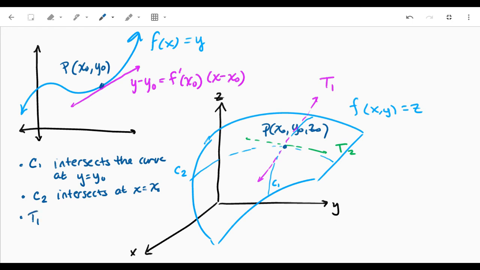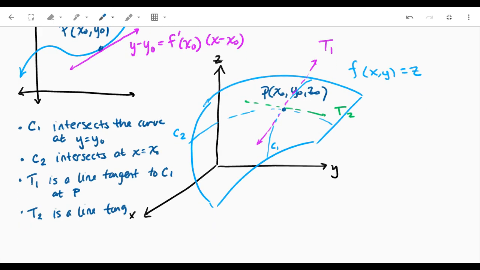T1 is a line tangent to C1 at P, and T2 is a line tangent to C2 at P also.